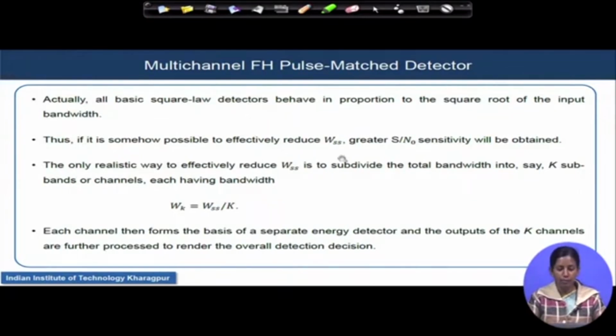So, effective reduction of this WSS at the detector end can be done by dividing this WSS into K sub bands, or sub channels.